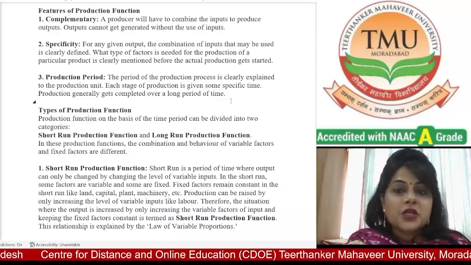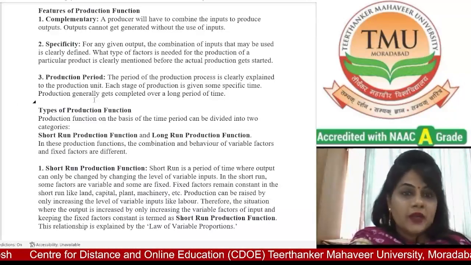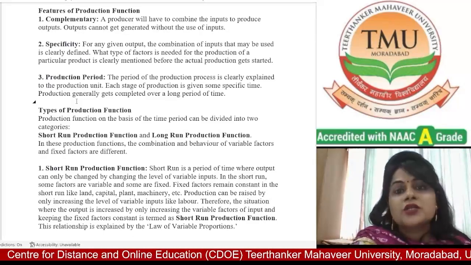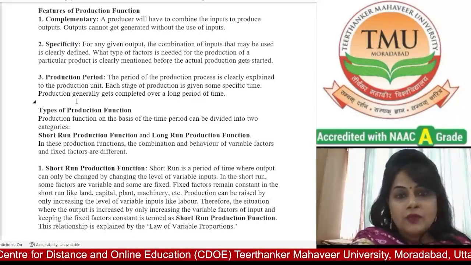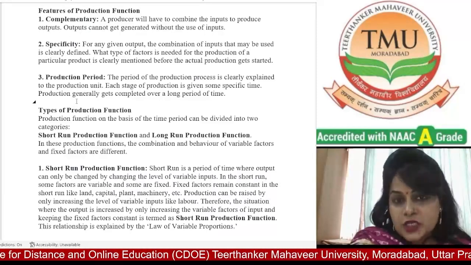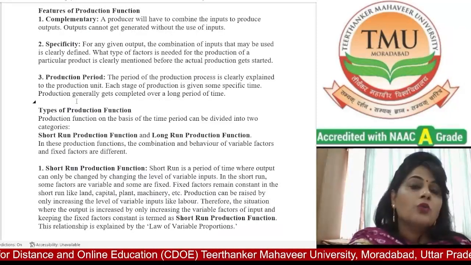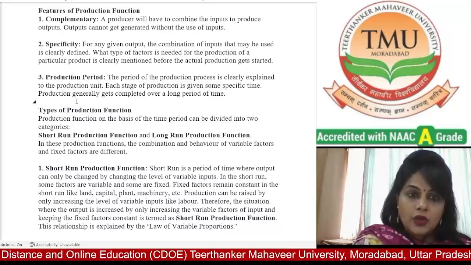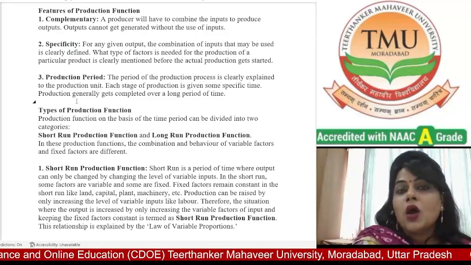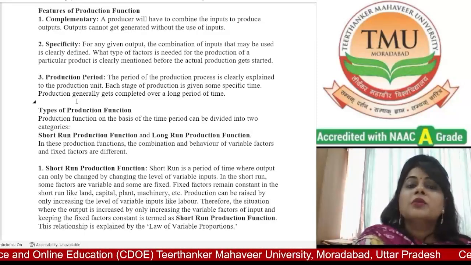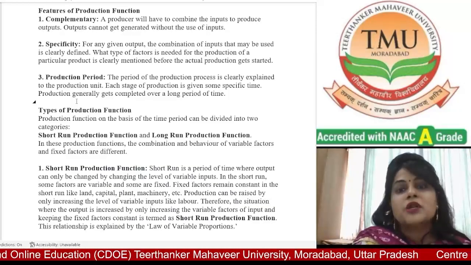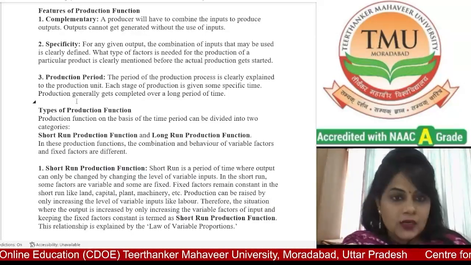The period of the production process is clearly explained to the production units. Each stage of production is given some specific time, which means at which time you get how much production, and at which time you use how much input and get output. Production generally gets completed over a long period of time, meaning in a short time and a long time, how much production, how much output you gain.